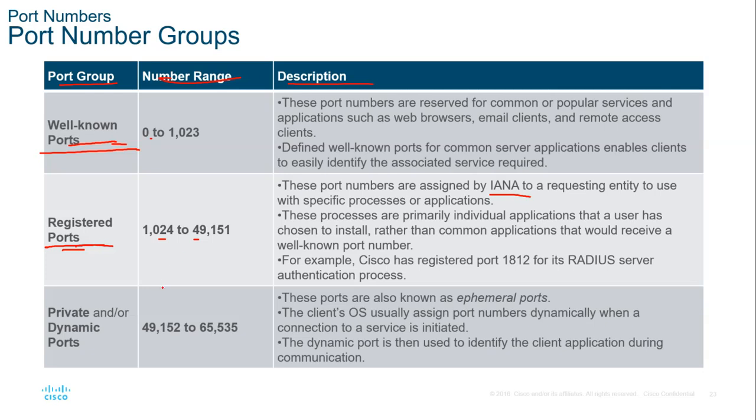49,151. Then we have what you call private or the dynamic. So these ones here, they are dynamically generated, and mostly by the end device. So on our machines, every time they are trying to attach the port number on the source application, it is auto-generated.